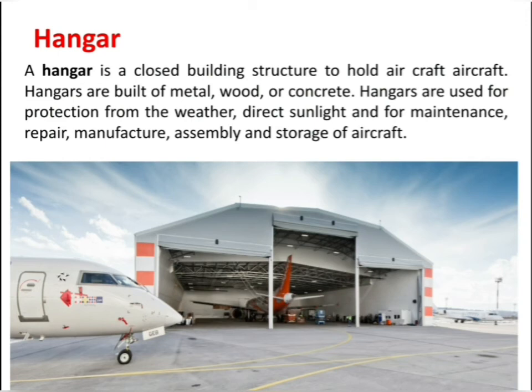Hangars are built of metal, wood or concrete. They are used for protection from the weather and direct sunlight, and for maintenance, repair, manufacture, assembly of different components of the aircraft, and storage of aircraft. These are all the different functions of the hangar, an essential part of the airport.